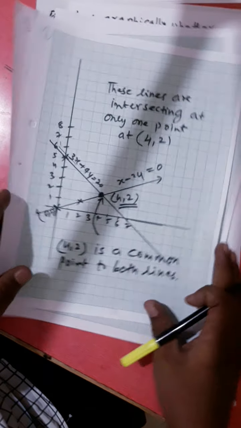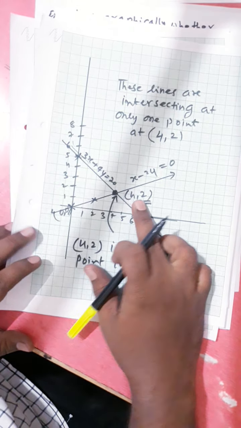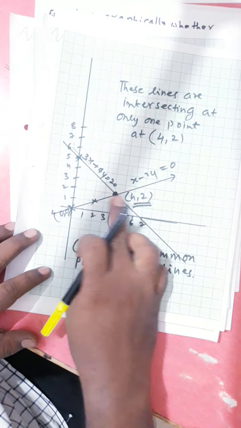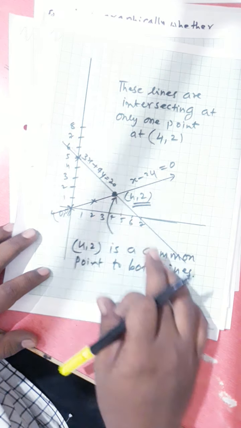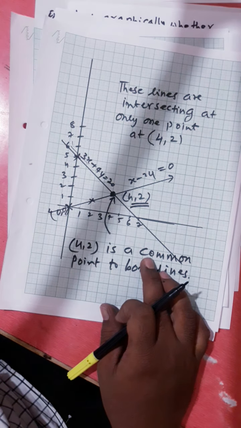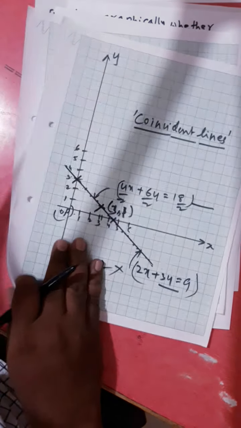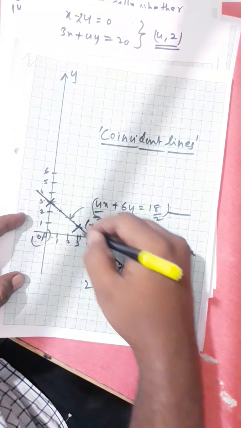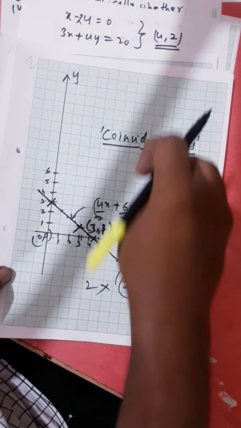One second, I will repeat this. See, if two lines are intersecting at a point, then this is the only common point, and this common point acts as one solution. That means intersecting lines have only one solution. If they are coincident lines, then all the points which lie on these two lines act as solutions.